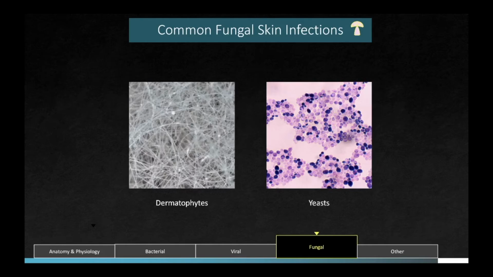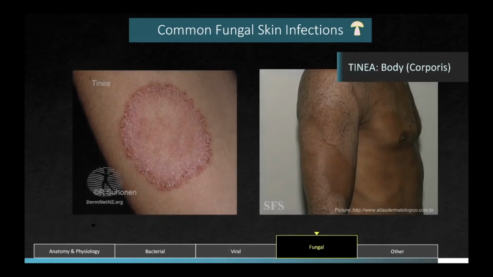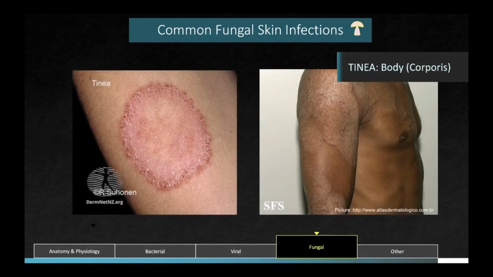Typically, such organisms can infect the stratum corneum of the skin, the nails, and the hair. The prefix tinea is often used to describe these common dermatophyte infections, tinea being a Latin word meaning worm. If you look at these pictures of tinea corporis, that is a dermatophytic infection affecting the skin of the body, it's easy to see from the appearance of the rash why they're referred to as being worm-like.